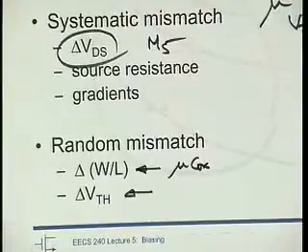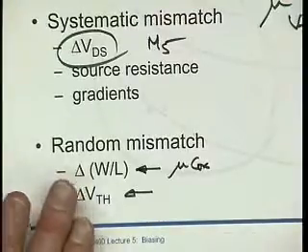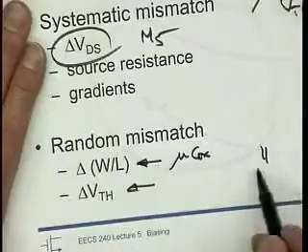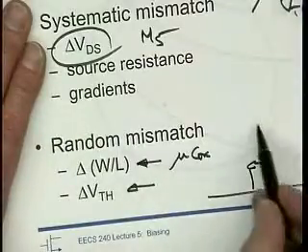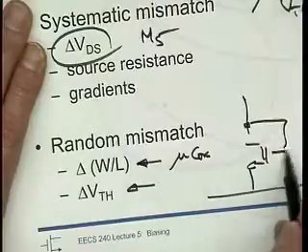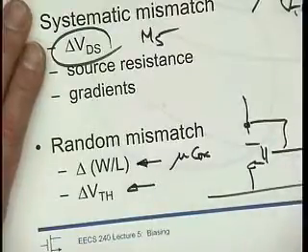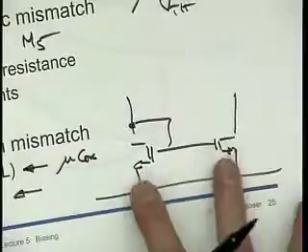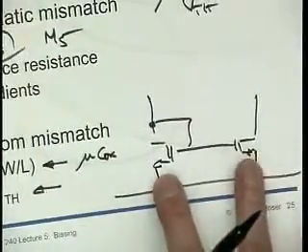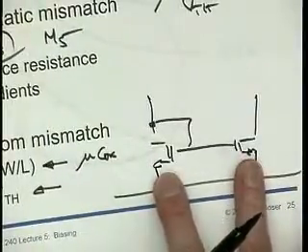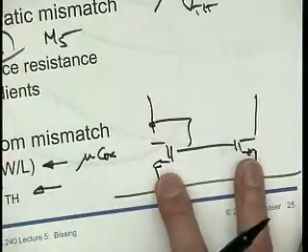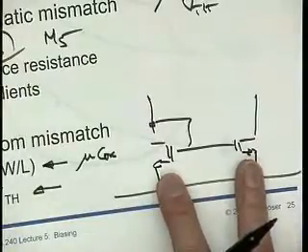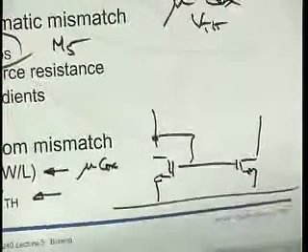So let's assume that we had a current mirror, something like this, where we had W over L mismatches between these two transistors, nominally identical, in practice just because of random variations, not systematically, a little bit different, and also threshold voltage mismatches.